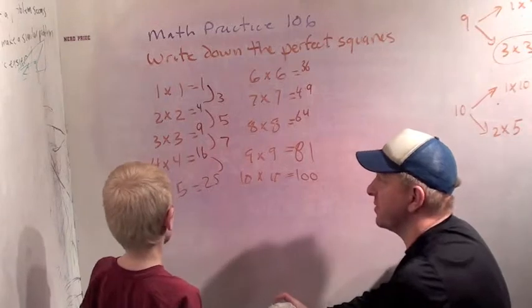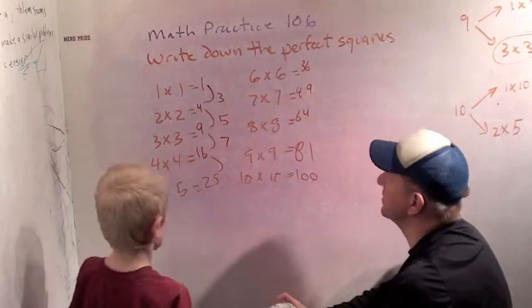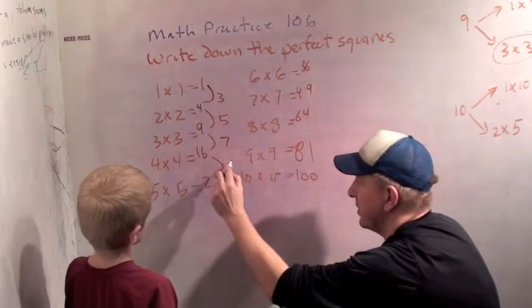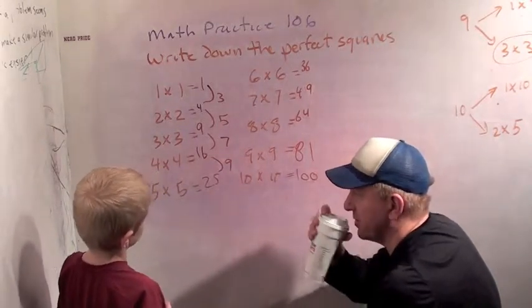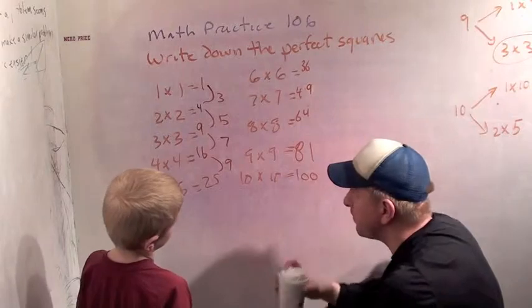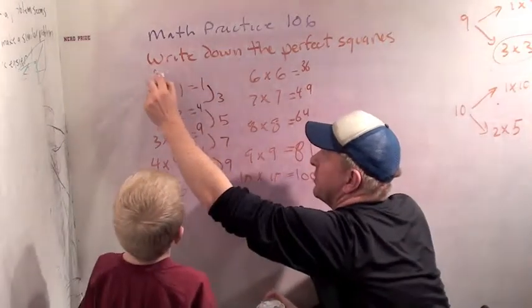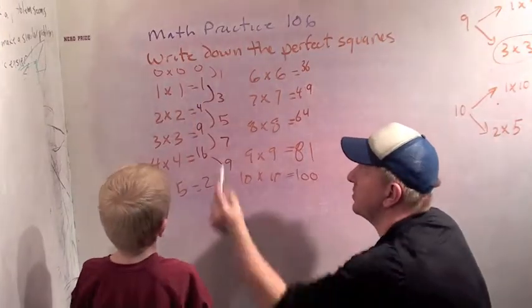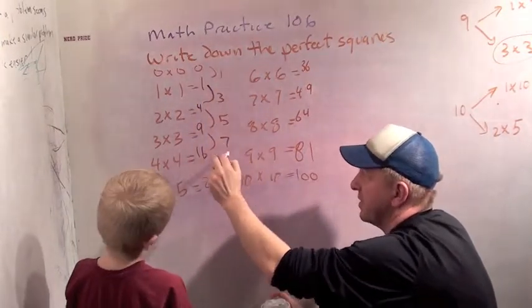How much do you increase by when you go from 16 to 25? 9. Right. Oh yeah, 9. I'm sorry, you're right. Daddy's a little bit asleep. And we could have written down 0 times 0 is 0, and then you increase by 1 when you go from 0 to 1. So far it's been 1, 3, 5, 7, 9.